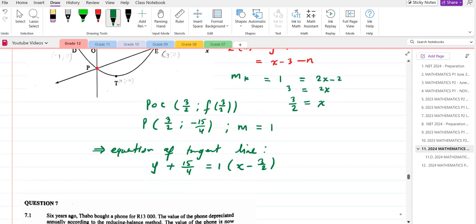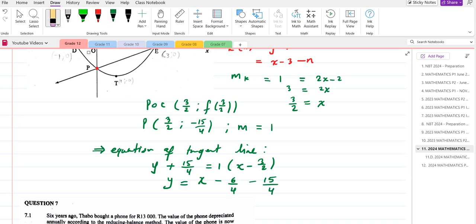So if I solve this, I'm going to get y equals x minus 3 over 2. Convert this to the same LCD, minus 6 over 4, because I'm going to take that over minus 15 over 4.